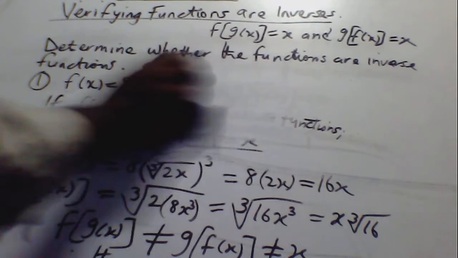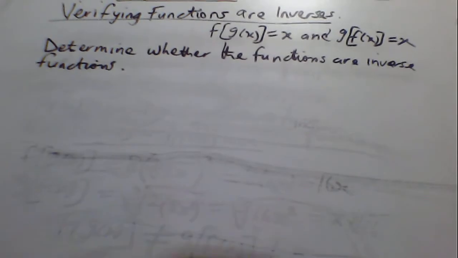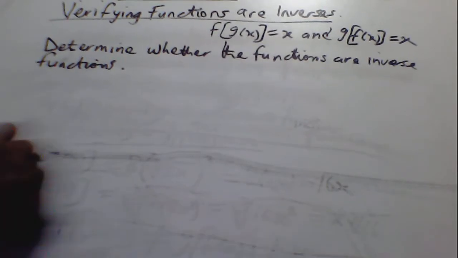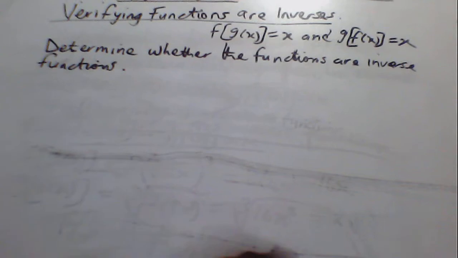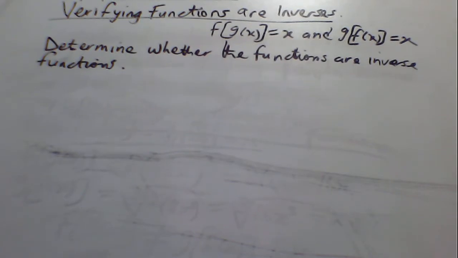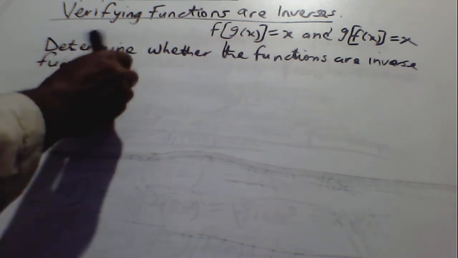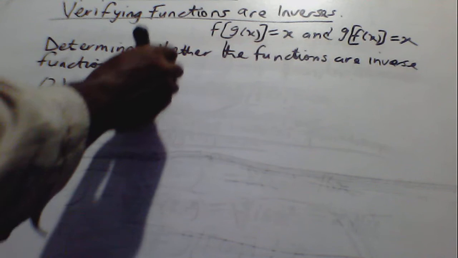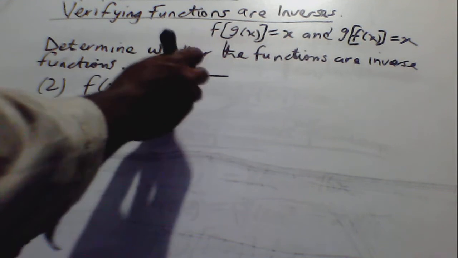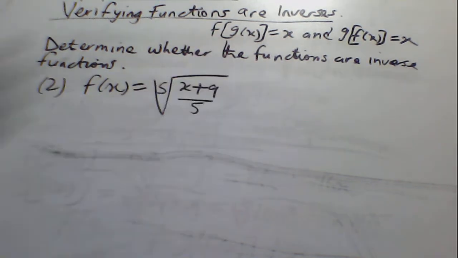So let's go for the second example. Looking at the second example, we are given f of x is equal to the 5th root of x plus 9, divided by 5.